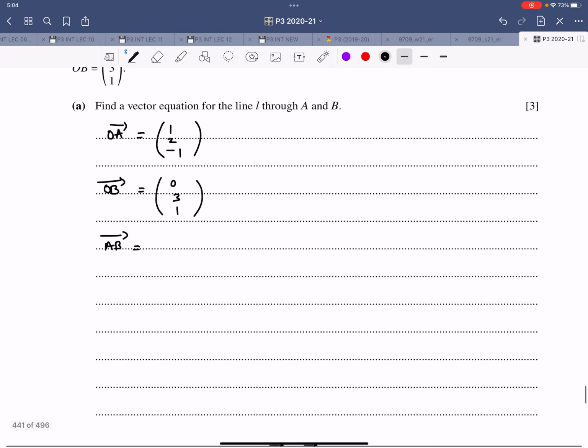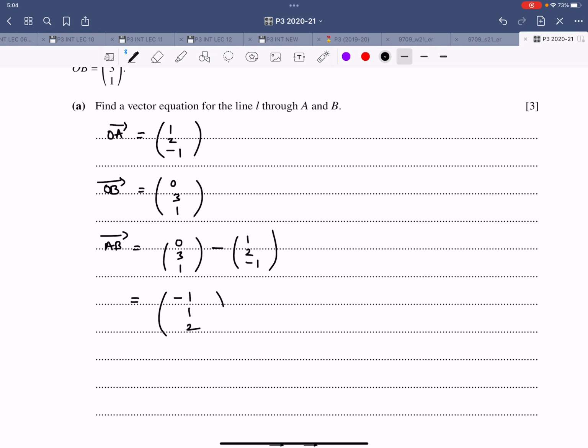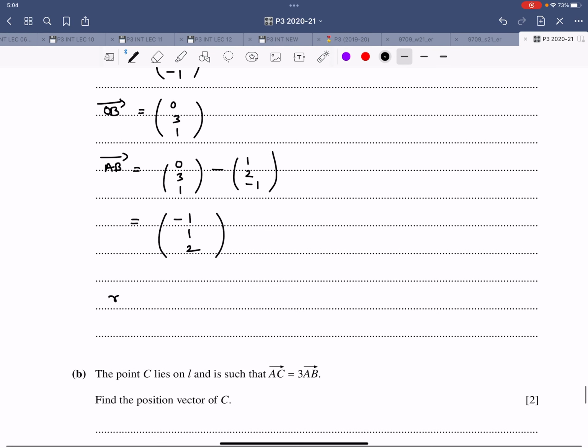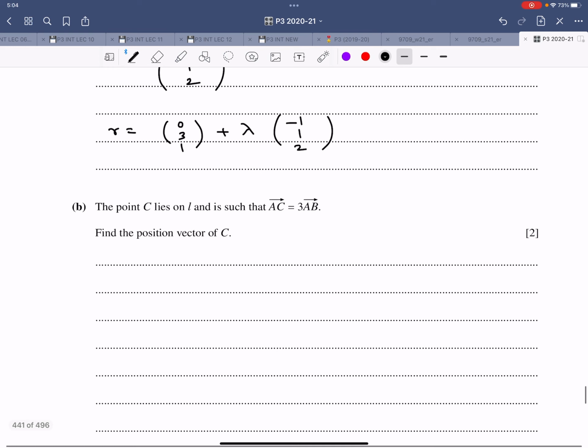AB is OB minus OA, so (0, 3, 1) minus (1, 2, minus 1). 0 minus 1 is negative 1, 3 minus 2 is 1, 1 minus minus 1 is 2. So the vector equation is r equals something plus lambda something: minus 1, 1, 2 looks perfect, and I'll choose OB, which is (0, 3, 1). So that's my equation.